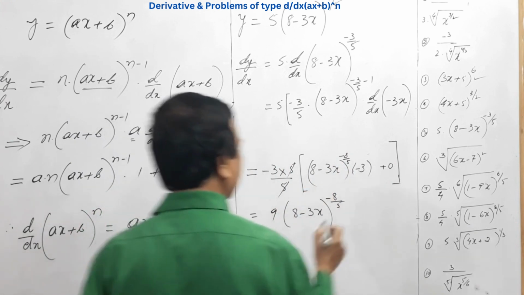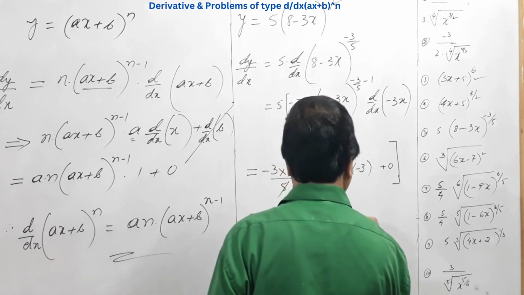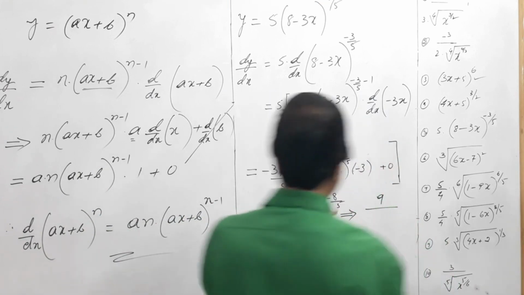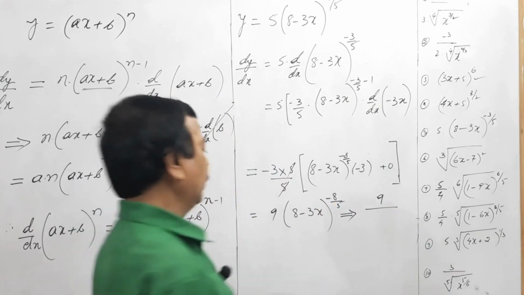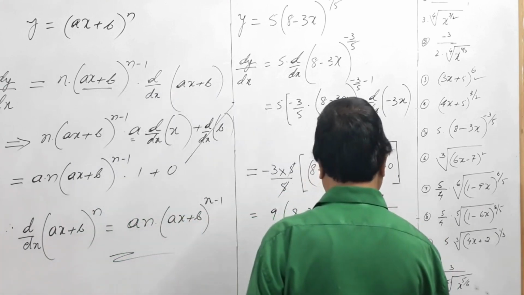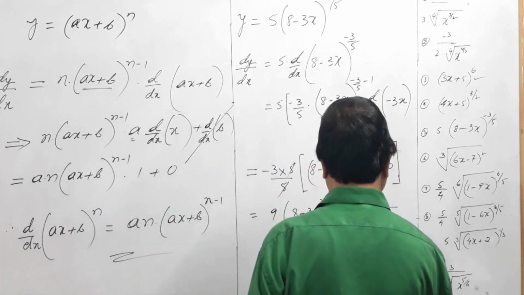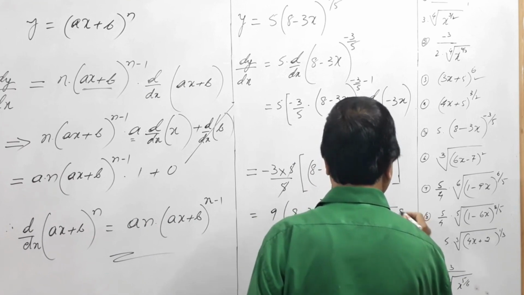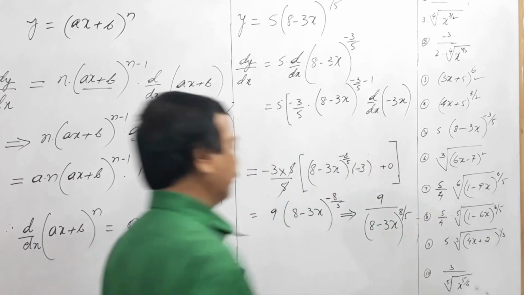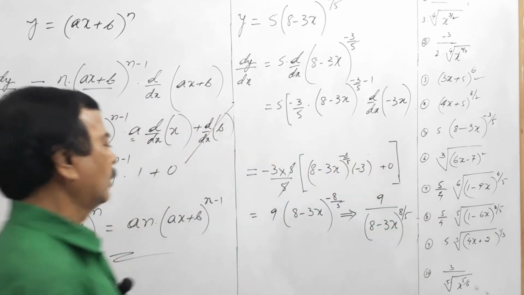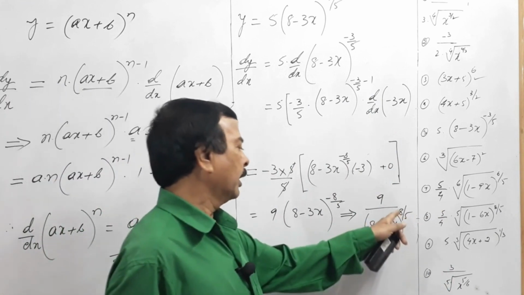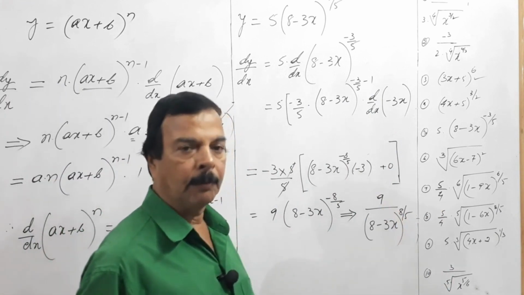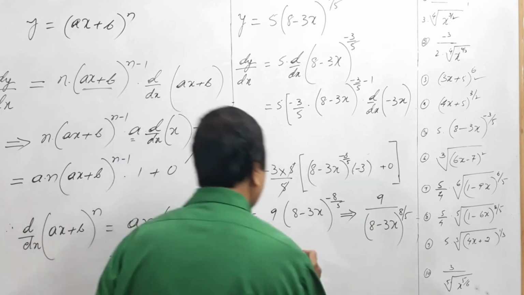So this becomes 9 by, I will send this to the denominator, (8 minus 3x) to the power of 8 by 5. So this is the 5th root of (8 minus 3x) to the power 8. Remember this.